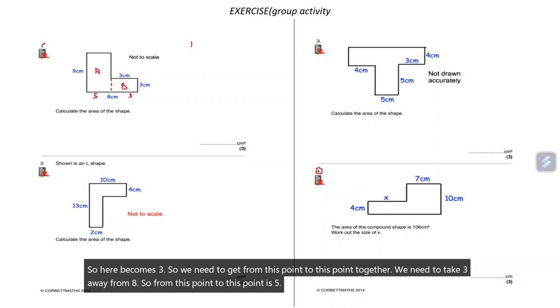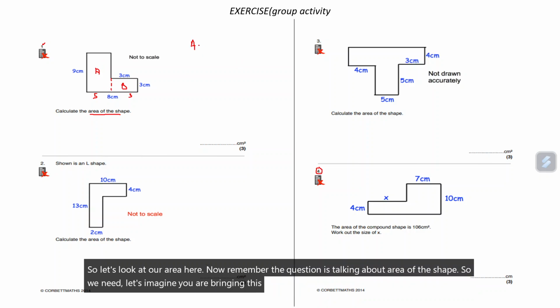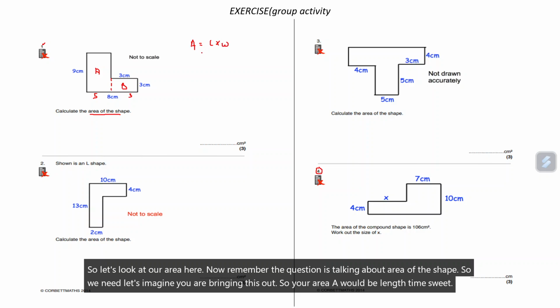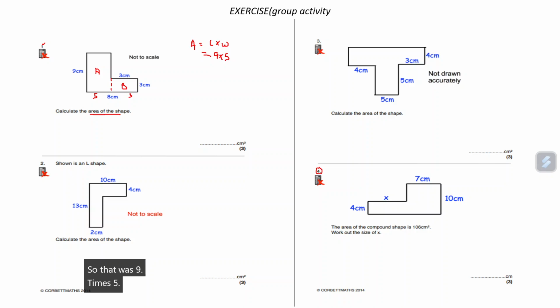So let's look at our area A. Now remember, the question is talking about the area of the shape. So let's imagine you are bringing this out. Your area A will be length times width. So that is 9 times 5, which will be 45.